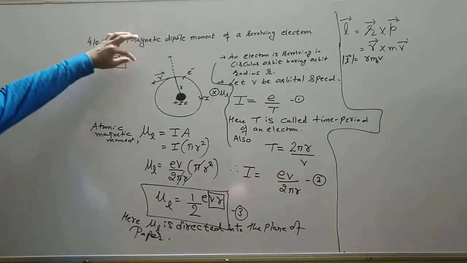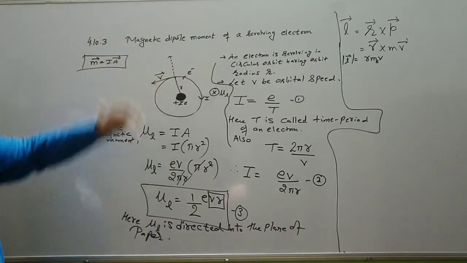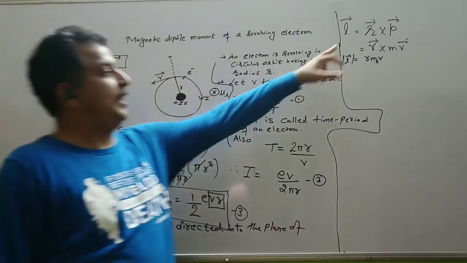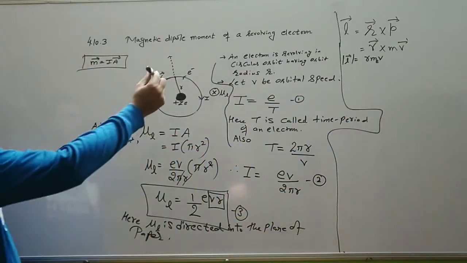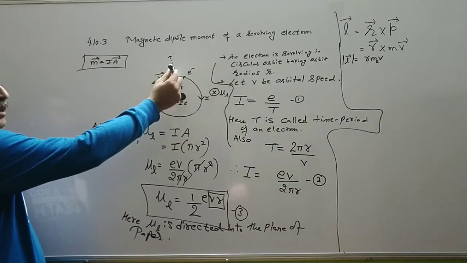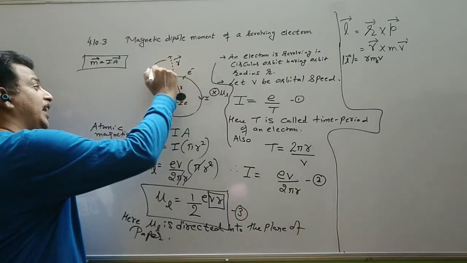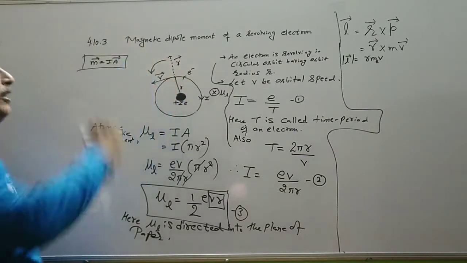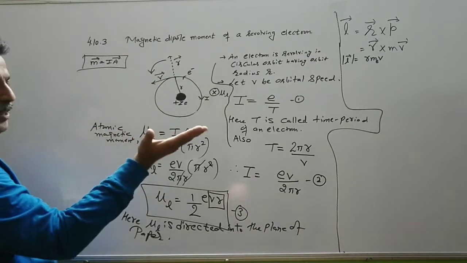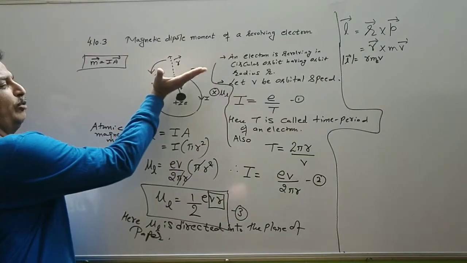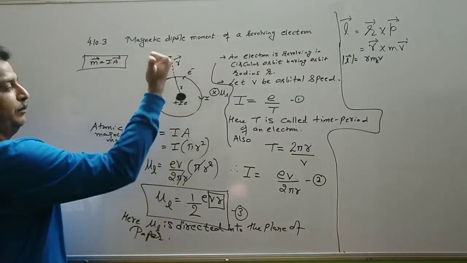Before that, let us apply the right hand screw rule and find out the direction of the angular momentum. So what is angular momentum? r cross v vector. So we keep a screw. Now how do we have to rotate the screw? You have to rotate the screw in such a way that the r vector falls on the v vector. Or I can also take a thumb rule. So r should fall on v. My thumb is outward.